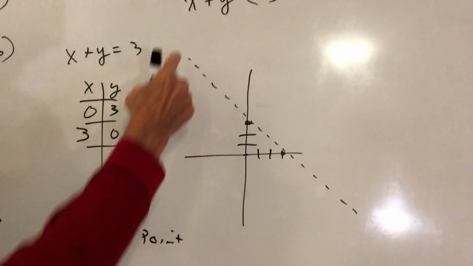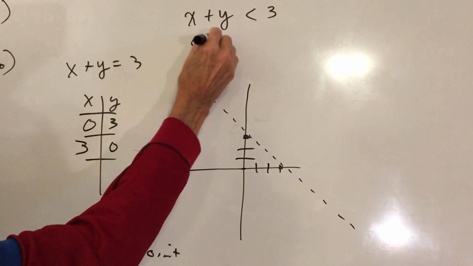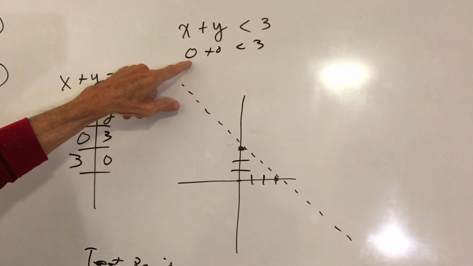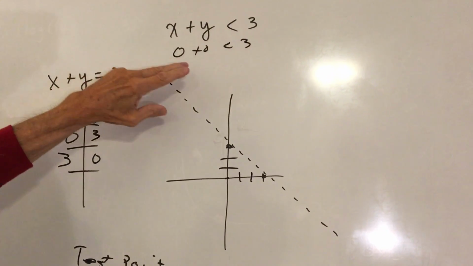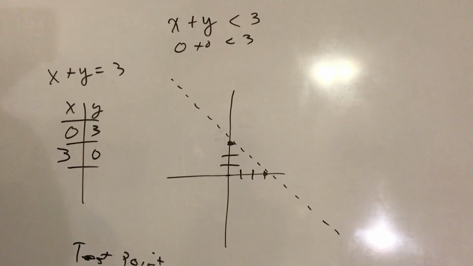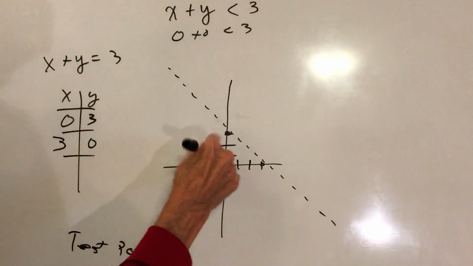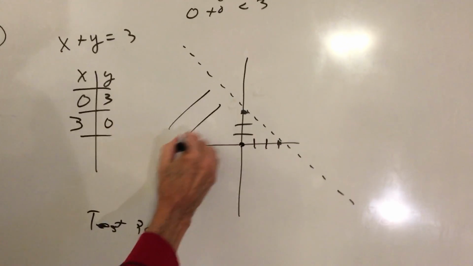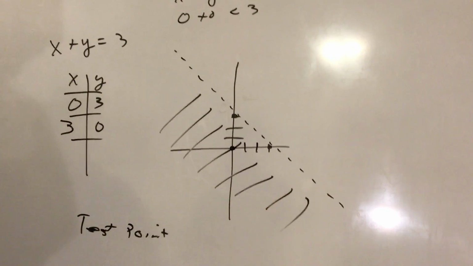We put 0, 0 in the original problem and examine the veracity of that statement. Well, 0 is less than 3, so we want the side of the line that contains the test point, so we shade that in.